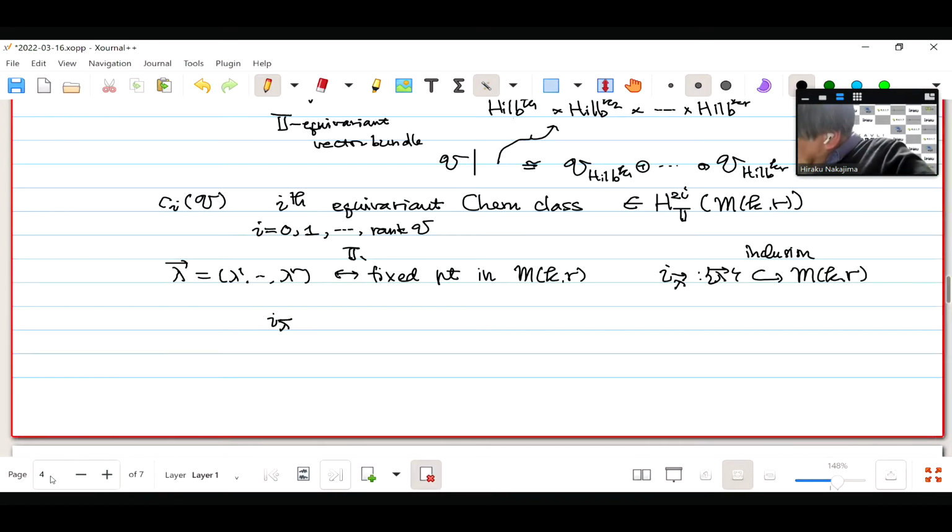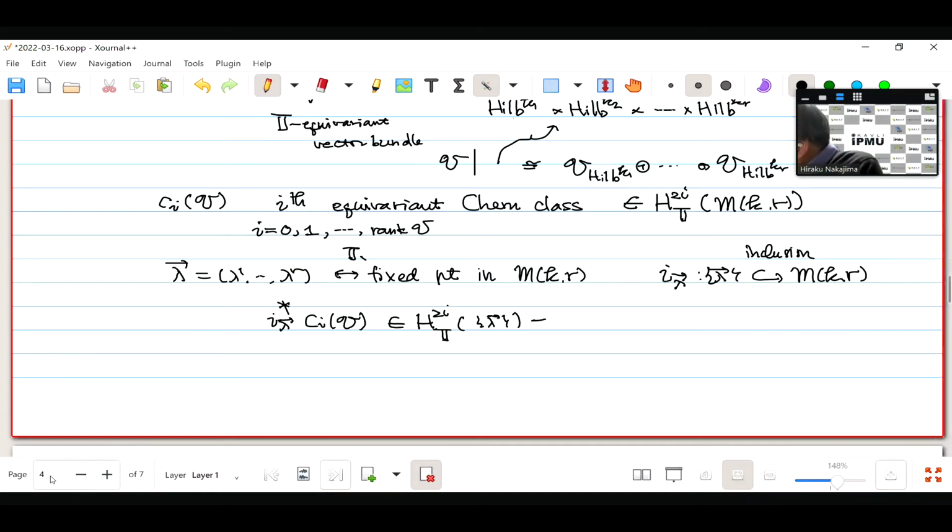Then I consider the pullback of this i-th Chern class. So this is an element of equivariant cohomology of this fixed point.